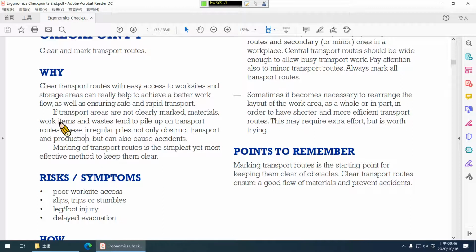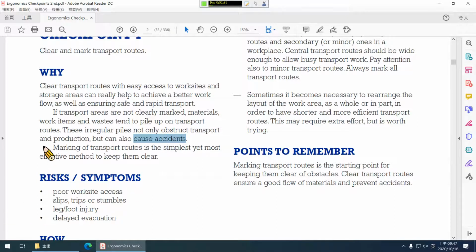If transport areas are not clearly marked, materials, work items, and wastes tend to pile up on transport routes. These irregular piles not only obstruct transport and production, but can also cause accidents. So that's the real reason why this is listed here, because they may cause accidents.